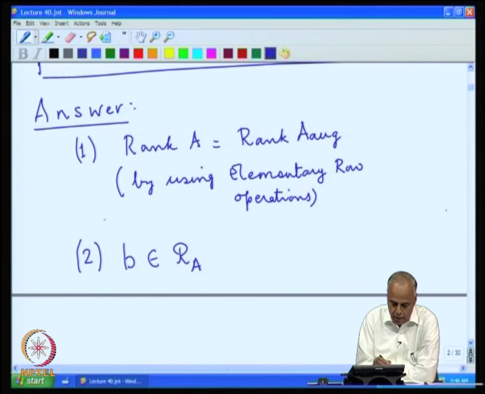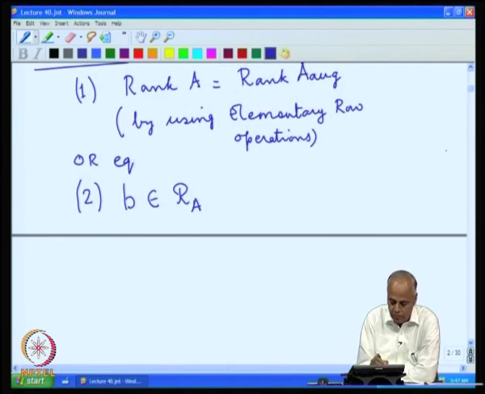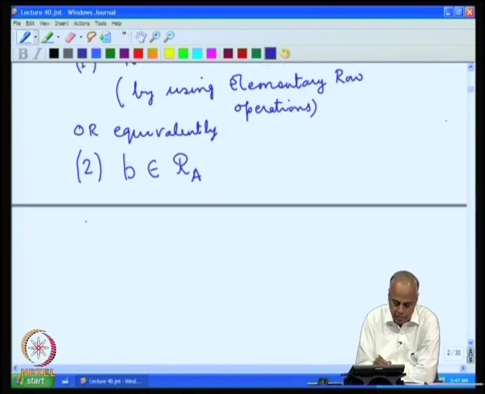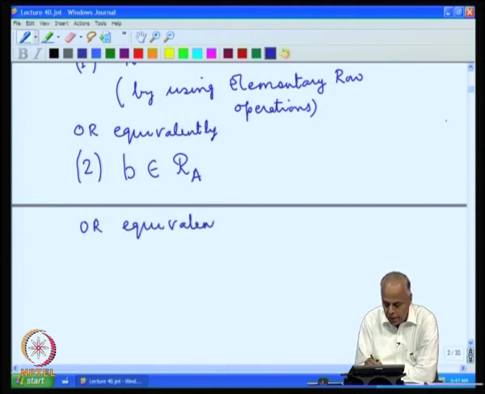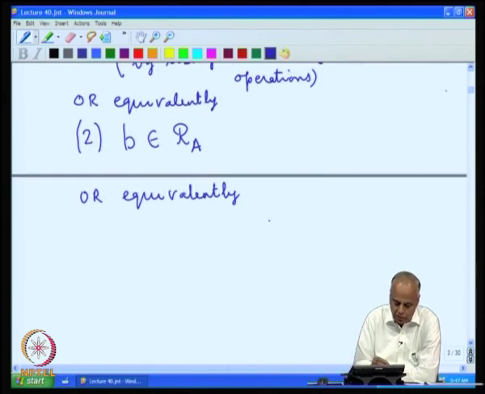Looked at in another manner, the same thing can equivalently be stated as B belongs to the range of A. Now, we found that the range of A is the orthogonal complement of the null space of A transpose, and therefore, B belonging to the range of A simply means that B must be orthogonal to all the vectors in the null space of A transpose.